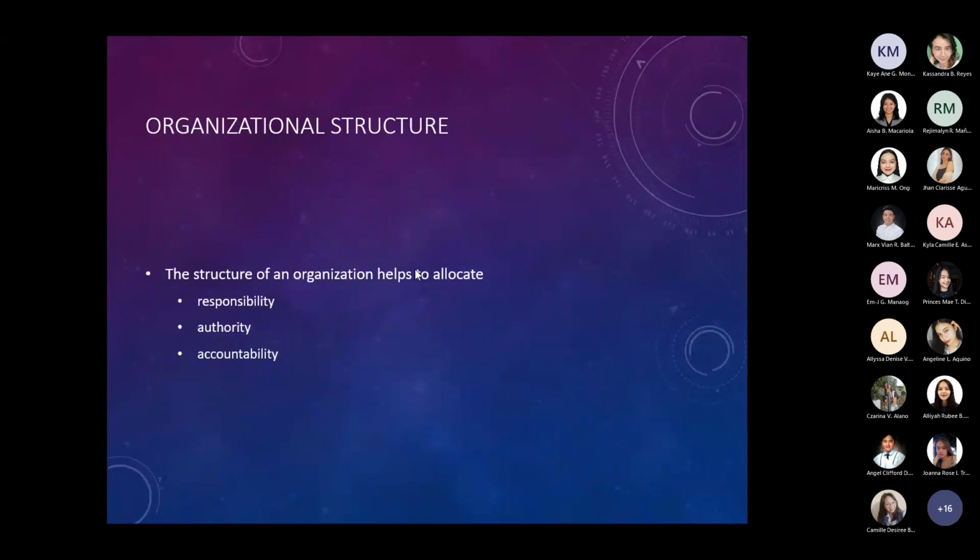Si President, siya nagbibigay ng information sa dalawang Vice President, papunta sa mga managers, papunta sa supervisors and all line leaders. So, ganun. Nakikita mo na agad sa organizational structure yung flow of information.